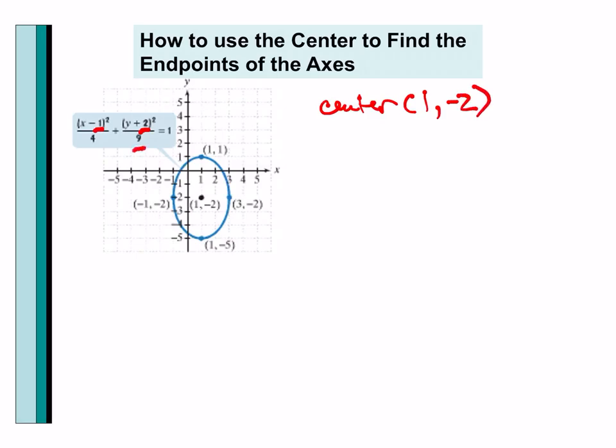And then we know it's vertical because the 9 is bigger, so we know A is 3 and B is 2. And of course we can just draw it out really quickly. If you start at the center and you go 2 each direction this way and 3 each direction that way vertically, then you have your lovely 4 points, and they make a much better ellipse than I do.